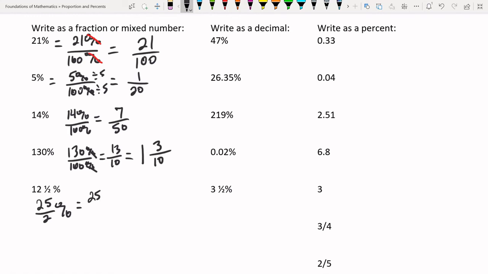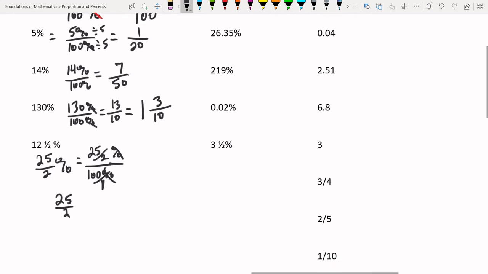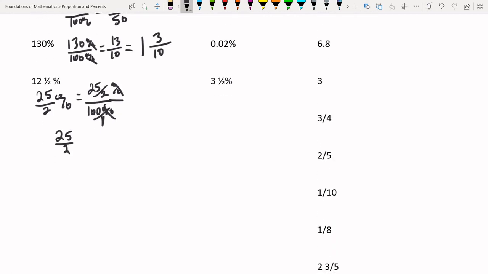Namely, 25 over 2 divided by, that's going to be a percentage of course, 100%. Percents cancel, and now we have a division with fractions. We never just divide by a fraction. We can divide by the reciprocal, multiply by the reciprocal. So we get 25 over 2 times the reciprocal of 100 over 1, or in other words, 1 over 100.